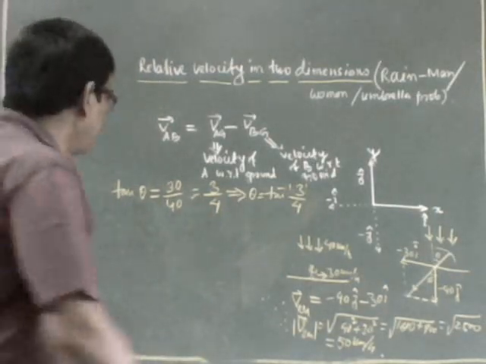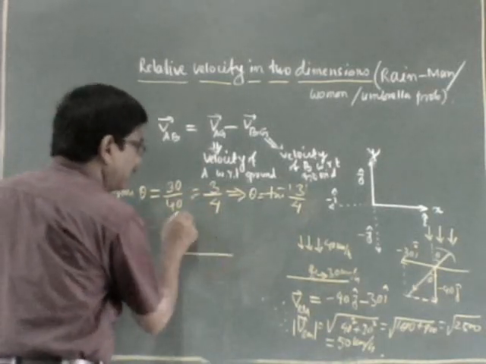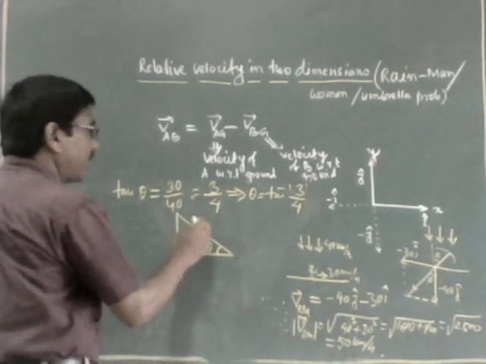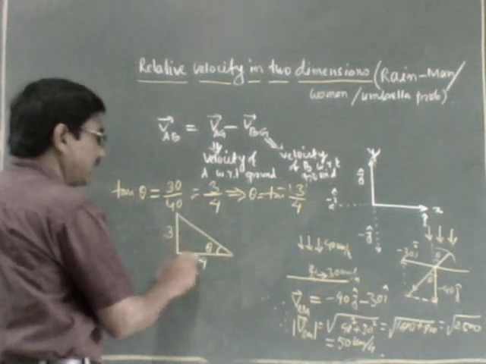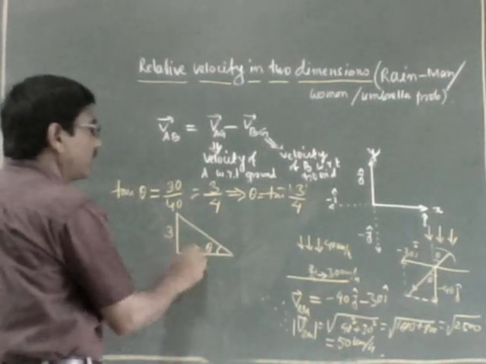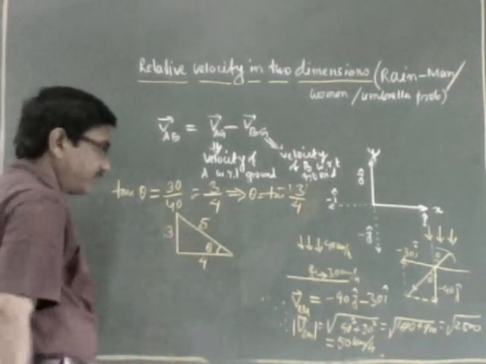How to remember that? Now if tan theta is equal to 3 by 4, suppose this is a right angle triangle, this is theta. Tan theta is 3 by 4, means the perpendicular is 3 and the base is 4, and the hypotenuse will be 5, because root over 3 square plus 4 square is 5.